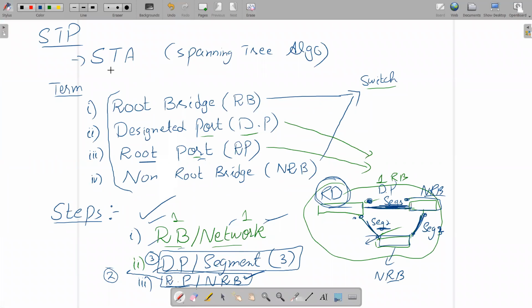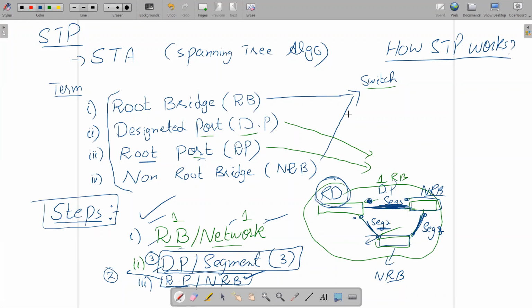It doesn't matter if it is a Cisco switch, a Huawei switch or a Juniper switch. It runs by default in every switch. So we need to follow these 3 steps to understand how STP works.